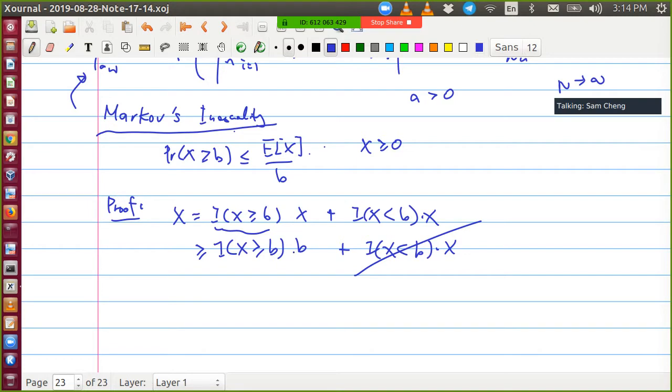But then if I take the expectation on both sides, my left hand side will be simply the expectation of x, and my right hand side will be the expectation of this thing here. This is a constant, so I can put it out and say b times the expectation of I of x bigger than or equal to b. And what is this basically?